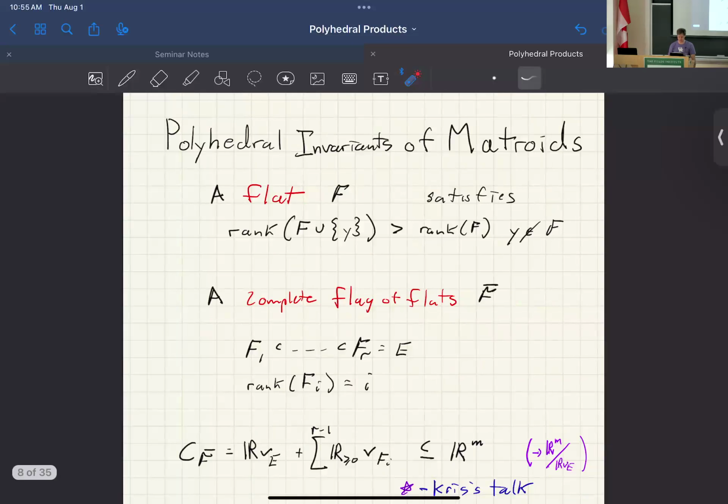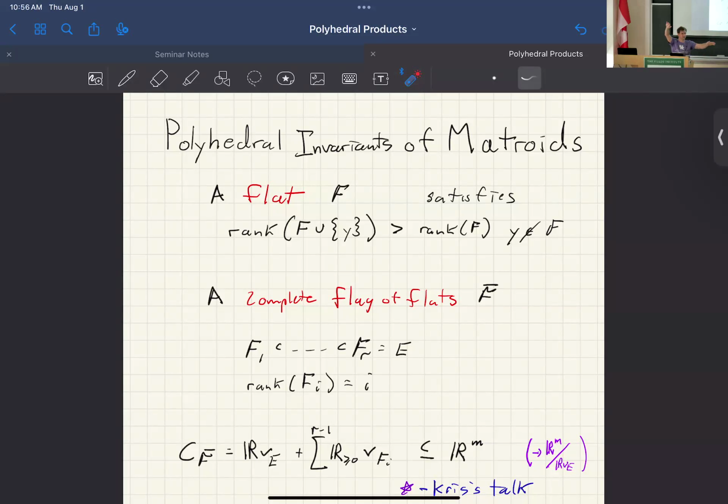All right, the second polyhedral invariant of a matroid is going to be the Bergman fan that we heard about in Chris's talk. A flat is a subset of the index set with the property that anytime you add an element outside the flat, the rank goes up. So think of a flat as what you get when you take a linear subspace and intersect it with your collection of vectors.